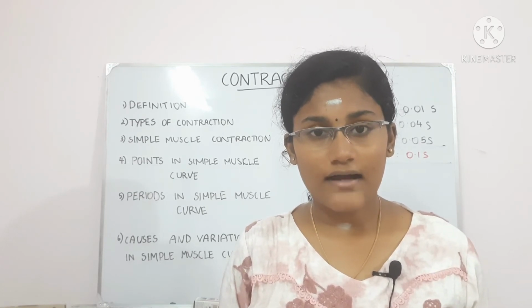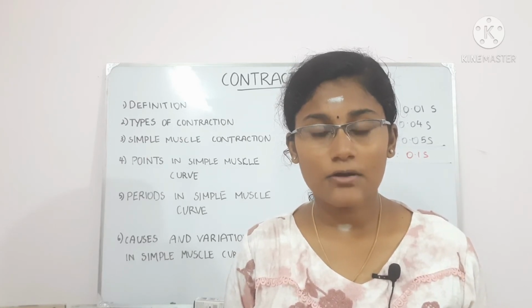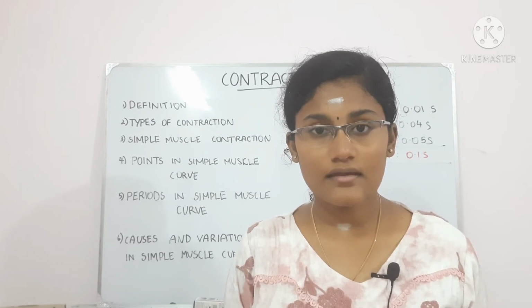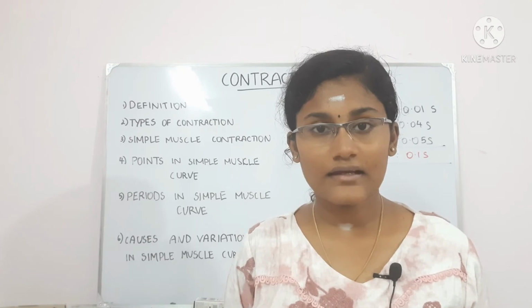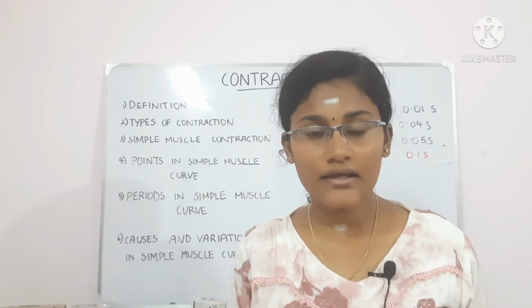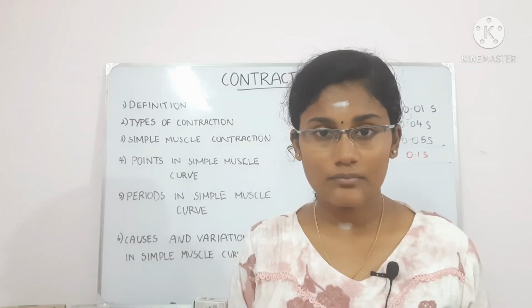So that adds to the latent period, and also the latent period is present because of the viscosity of the muscle. So the nerve impulses take some time to travel, and also because of the viscosity of the muscle, the latent period gets bigger. And lastly, the recording instrument may have some inertia, and that may add to the latent period.